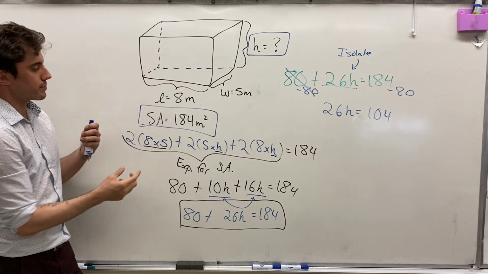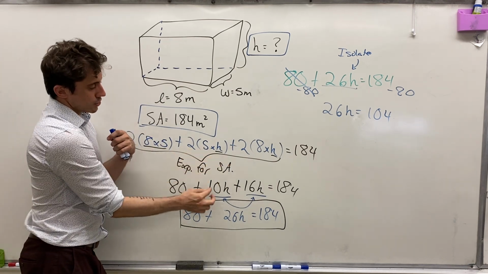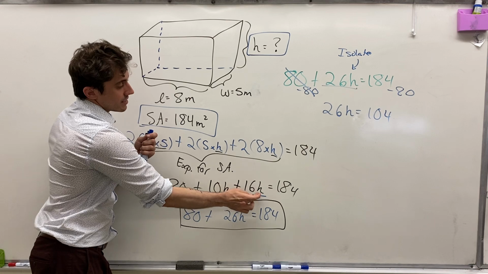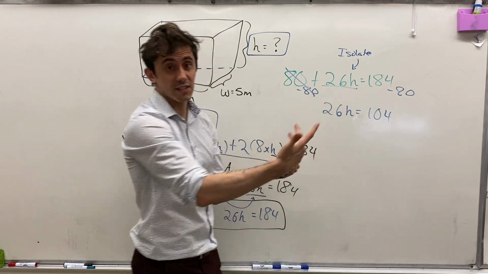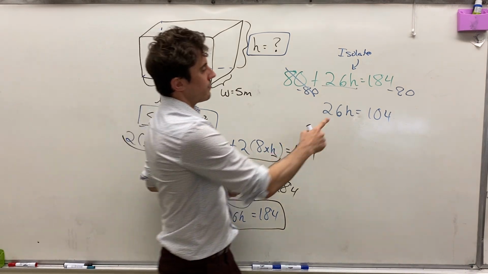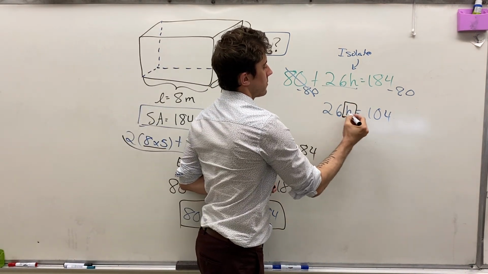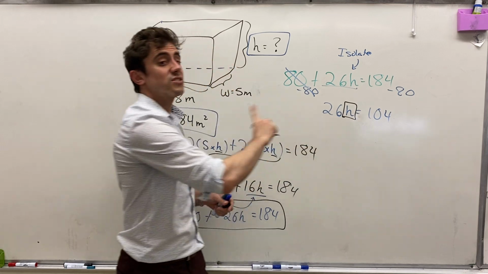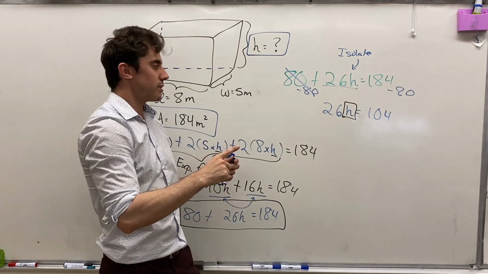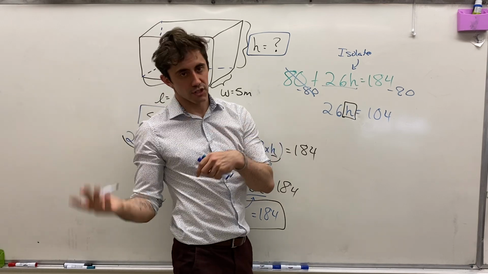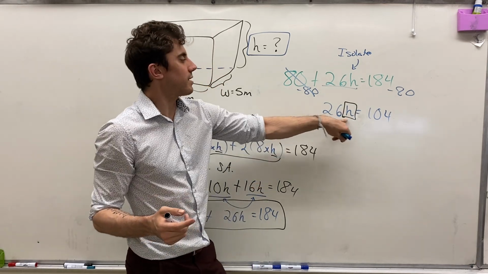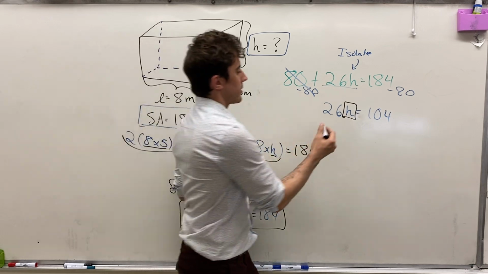And now again, we've talked about how 10 times h was 10h, how 16h is 16 times h, right? So 26h means 26 times h, as always. And so if we want h by itself, we want to get rid of this times 26 out front. And whenever we want to cancel out anything using algebra, we're always thinking inverse operations. And so the inverse of multiplying h by 26 is dividing by 26.